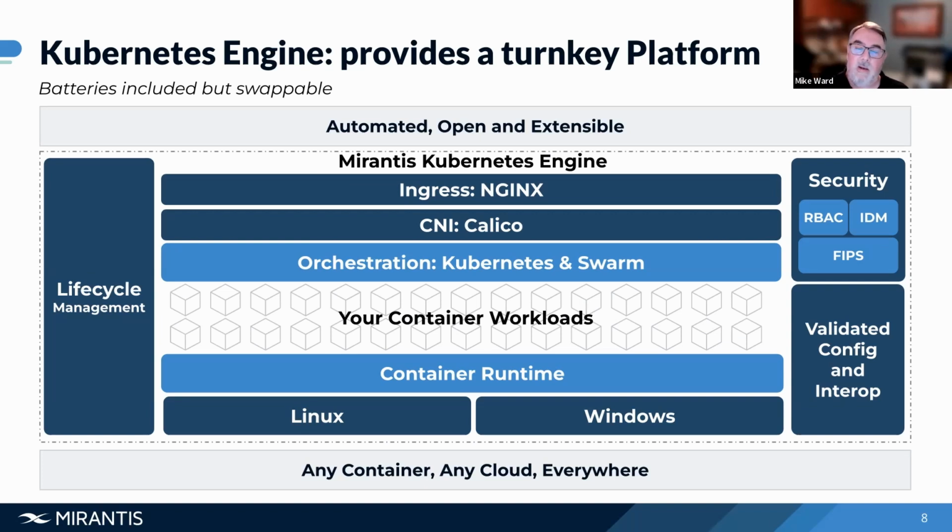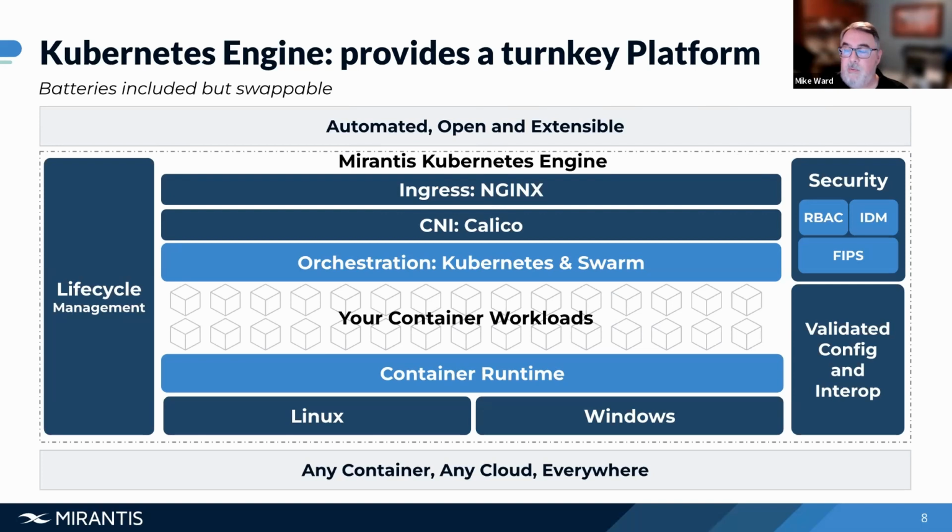Within that, again, we just talked about the choice of both Kubernetes or Swarm. At times there are applications where there's a need to actually use both of those in a deployment. Coming back to the concept of choice, we provide the tools included, but allow them to be changed out for components such as the networking aspect or the ingress components.